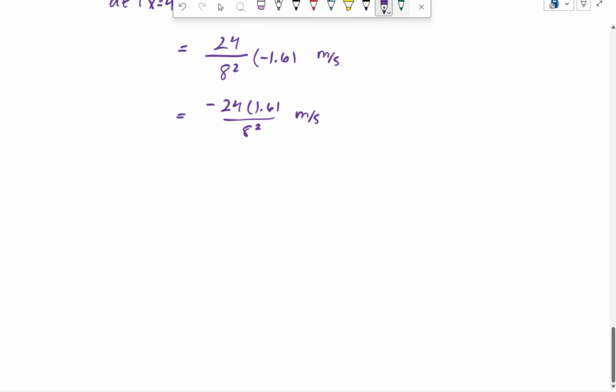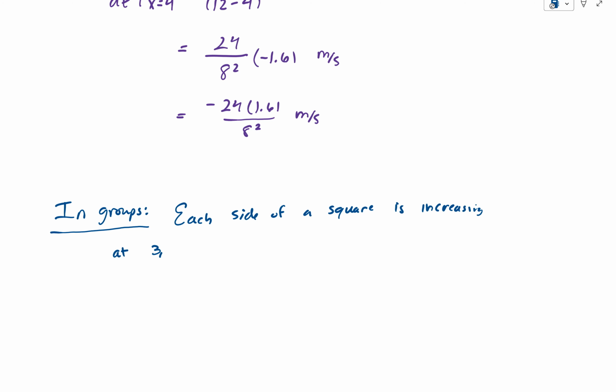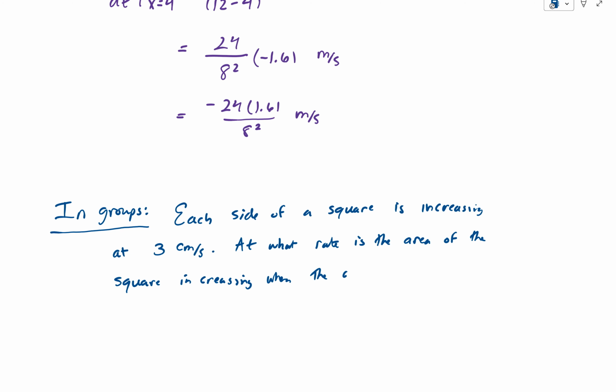Okay, let's go ahead and do one in groups now. We have a square where the sides are increasing at 3 centimeters per second.